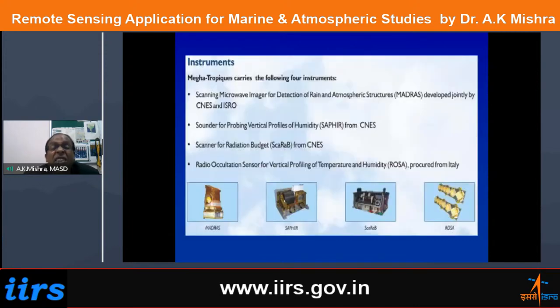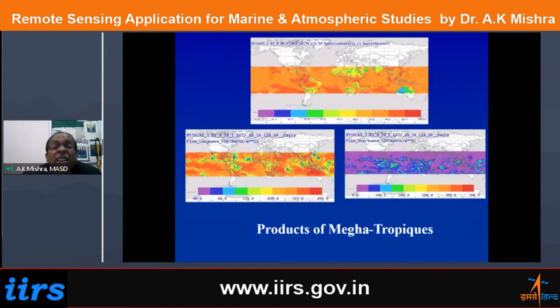And these are some of the sensors, that is MADRAS and SAPHIR and ScaRaB, utilized for studying different parameters like relative humidity and long wave fluxes at the top of the atmosphere.